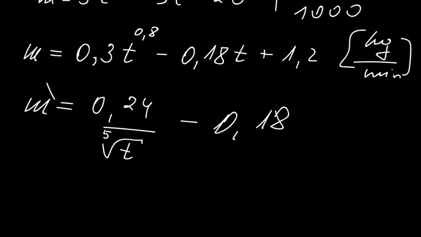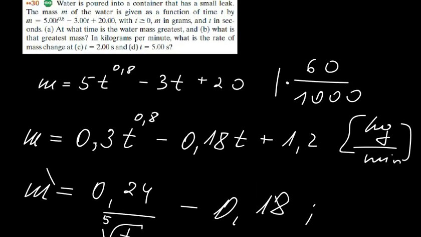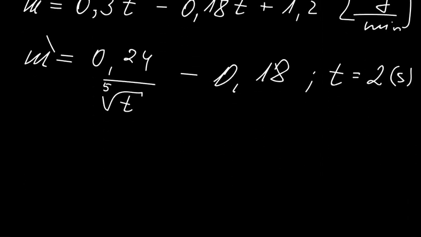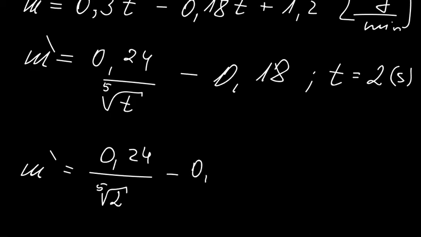Now, we are asked to find the rate of change at the moment when t is equal to 2 seconds. So instead of this t, we need to put 2. So our derivative is equal to 0.24 over the fifth root of 2, minus 0.18.